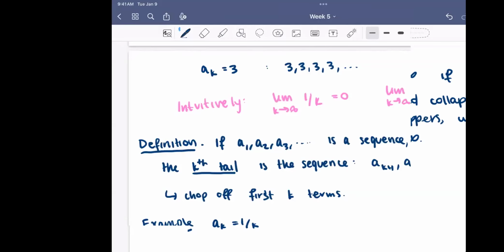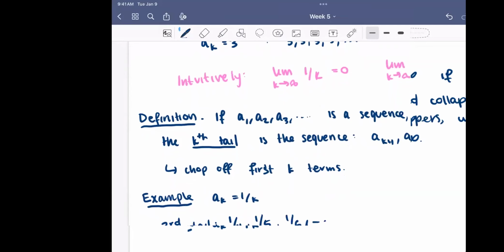Okay, so these are going to be analogous to our collapsing collections for sequences. So what we're going to do is take the wrapper of the tails and see what happens to them. I'll write a definition of a wrapper of a sequence, but it's exactly what you'd think it is.